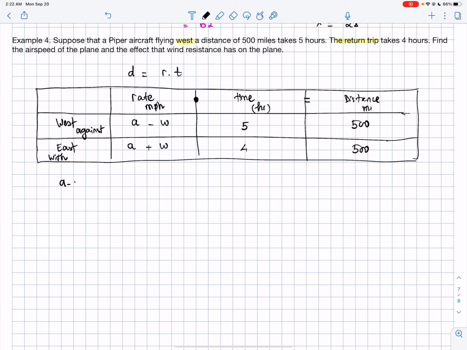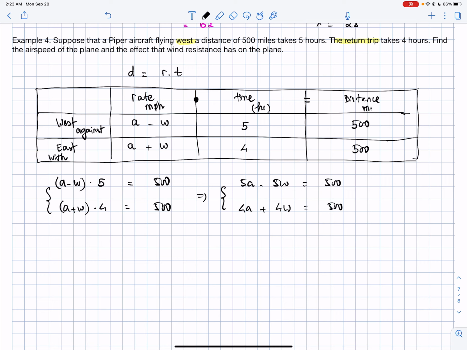A minus W, the rate, times the time, which is 5, equals 500. We set up the first equation. The second equation is A plus W times 4 equals 500. We open the parentheses: 5A minus 5W equals 500, and 4A plus 4W equals 500.